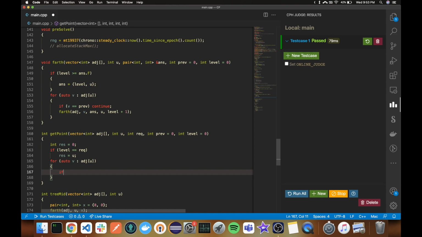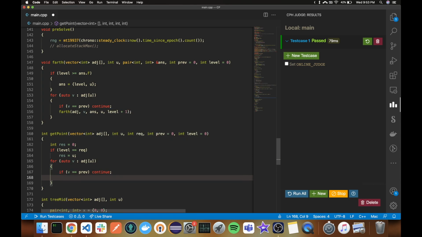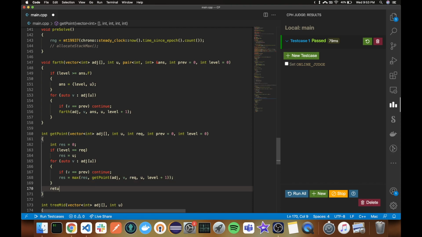So adjacency v. Required, and then u level plus 1. Return res. Okay.